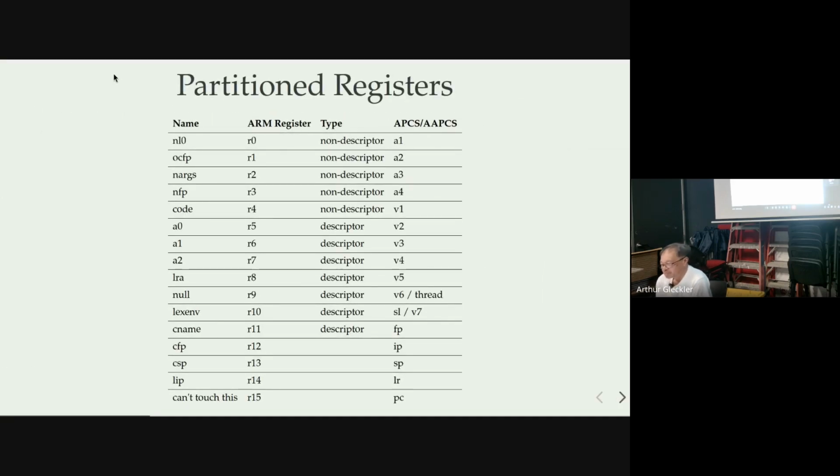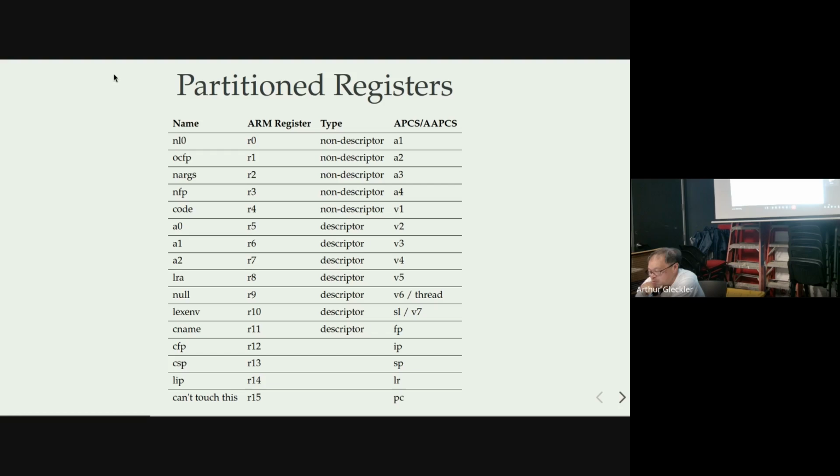This is what we ended up using for the ARM port. We went through, I think, the 4th or 5th iteration of designs, and the first 5 ARM registers are non-descriptors, which in CMUCL lingo means they can hold anything, random integers, random values, whatever. But they're never used as roots for the GC.